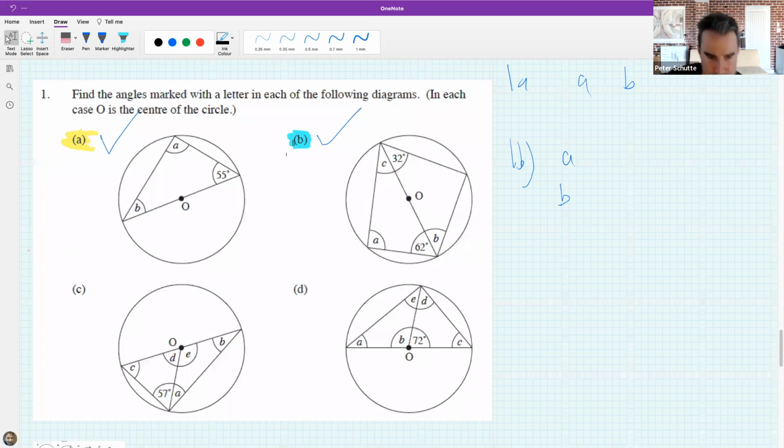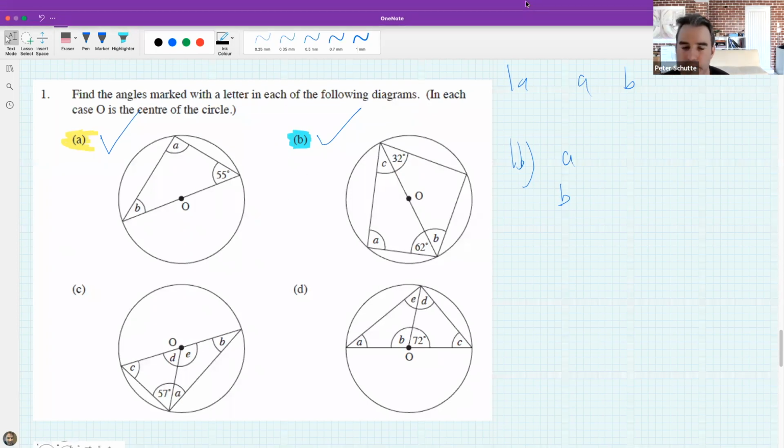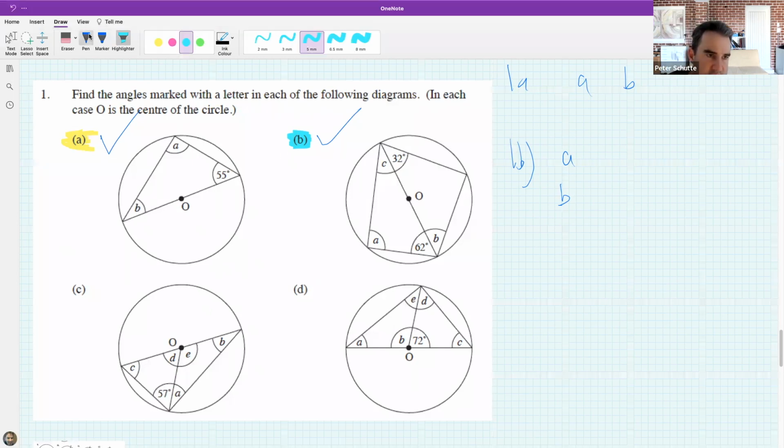Find me A, B, and C. Okay, so I see Annie, Sakile, Temi have all said that A is 90, and I agree.